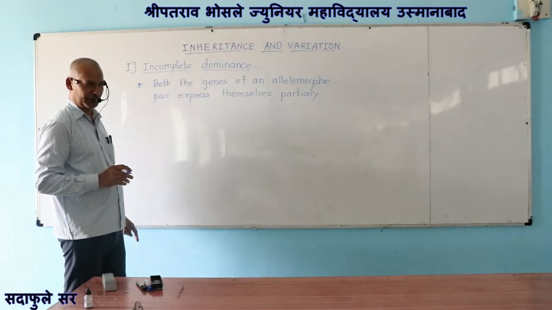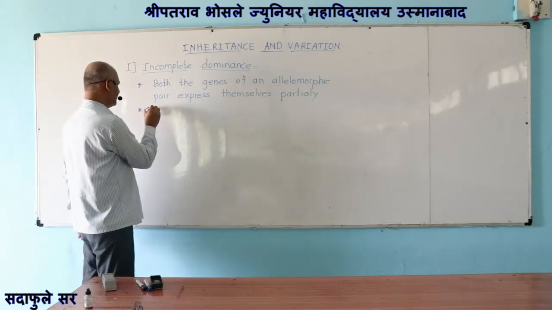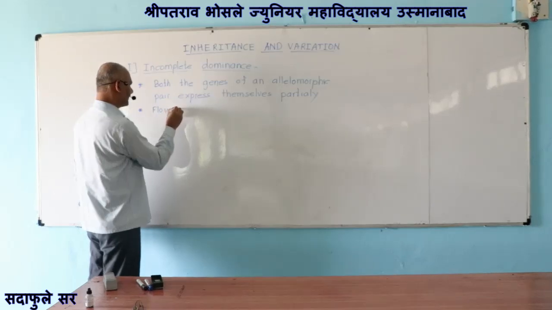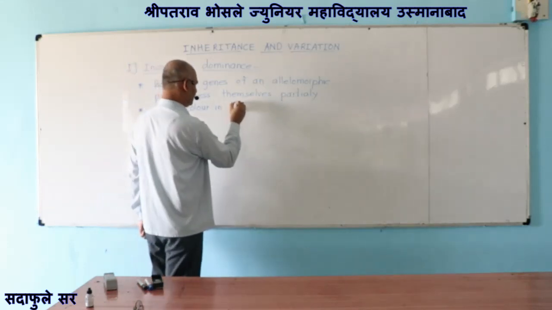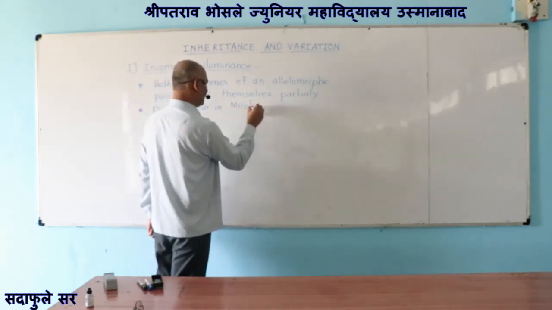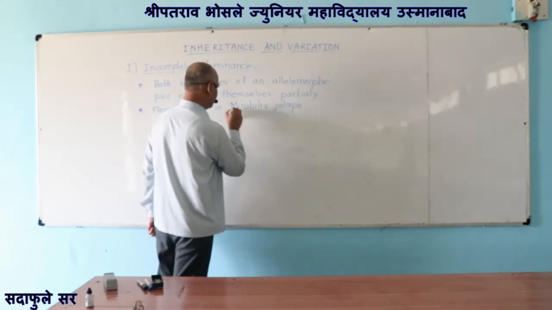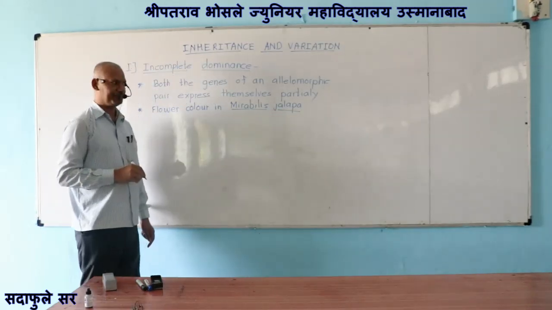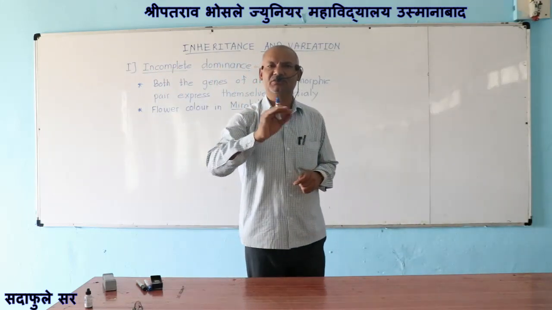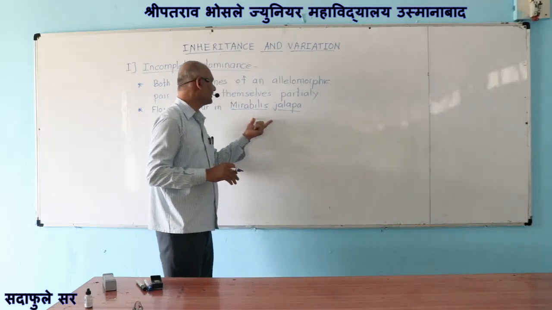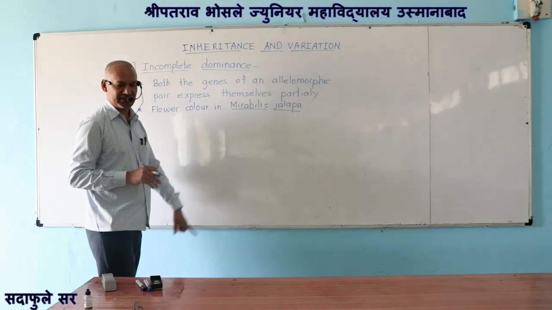incomplete dominance. Okay. Example is flower color in Mirabilis jalapa. In complete dominance, one allele is completely dominant over the other, while in incomplete dominance, both the genes of an allelomorphic pair express themselves partially.